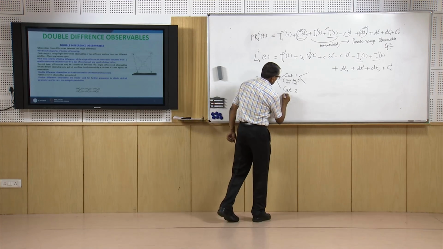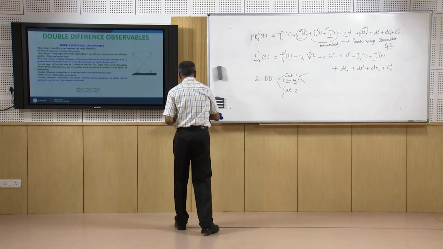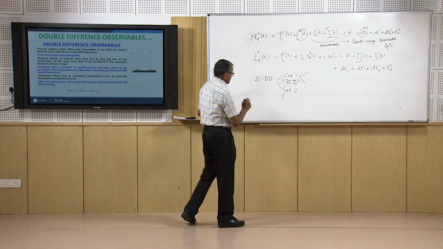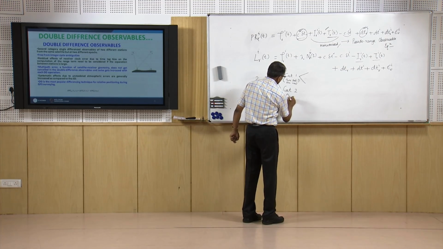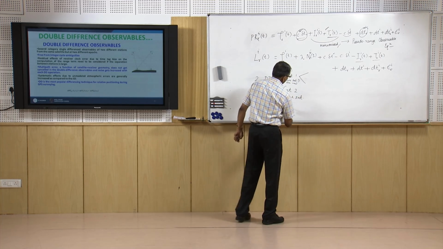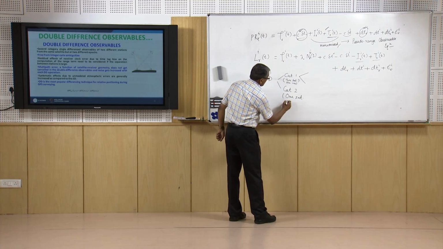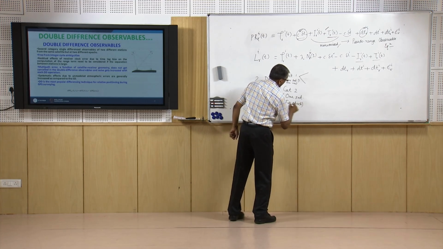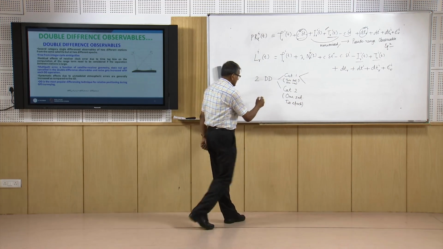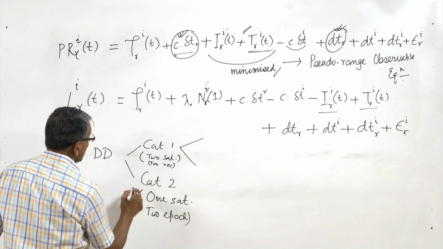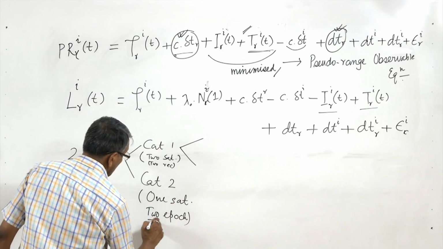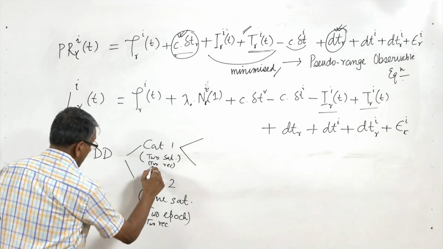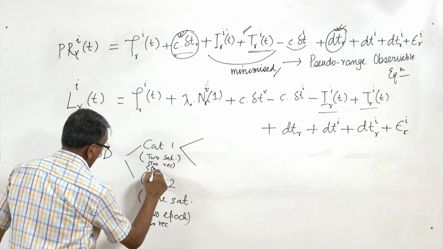Under category 2, as you can see in the next figure, it is from one satellite and 2 epochs. So, in both cases it will be 2 receivers, here 1 or the same epoch.